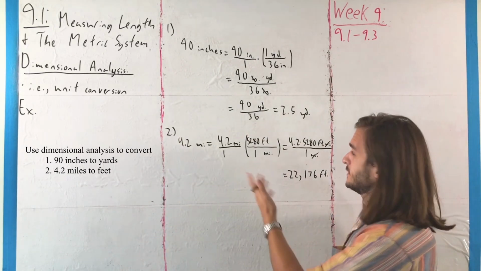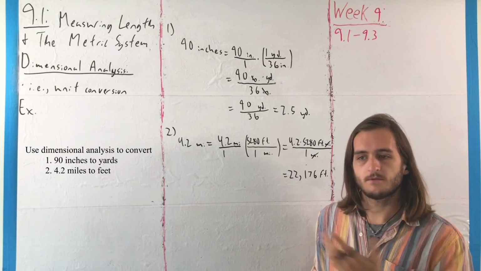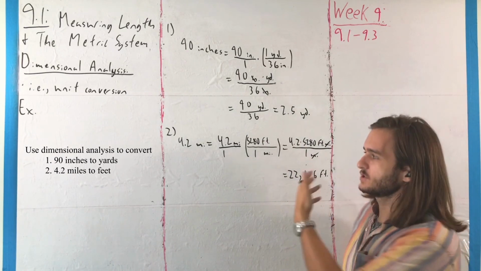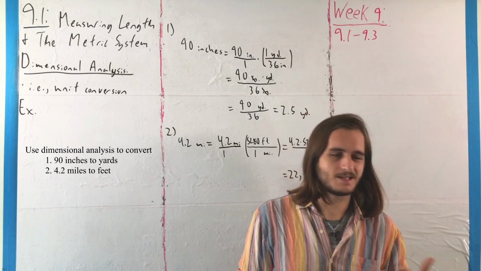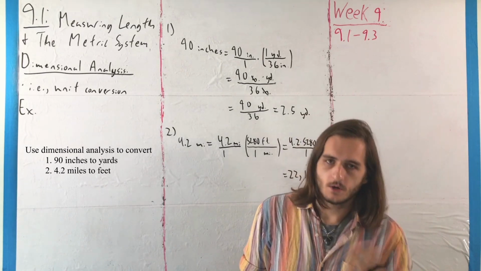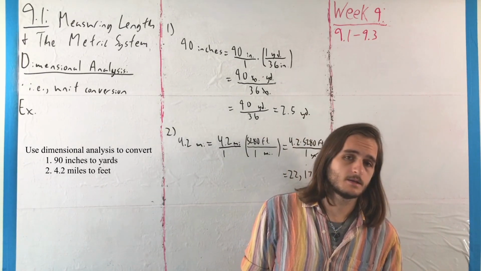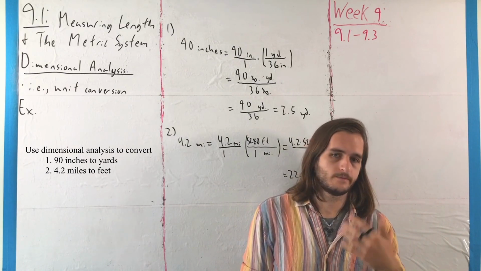When you're looking at 22,000 feet, that's 22,000 of each foot. You can almost picture that, even though it's probably too big of a number to really comprehend. But it's not so great for incredibly precise things. So, what we'll talk about next is a somewhat more precise system called the metric system.